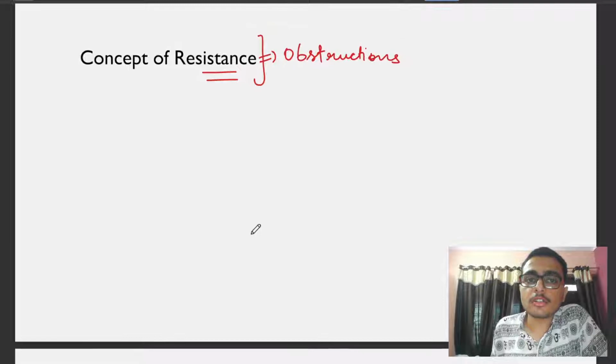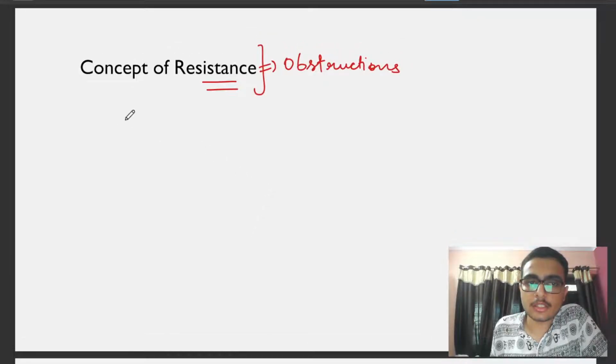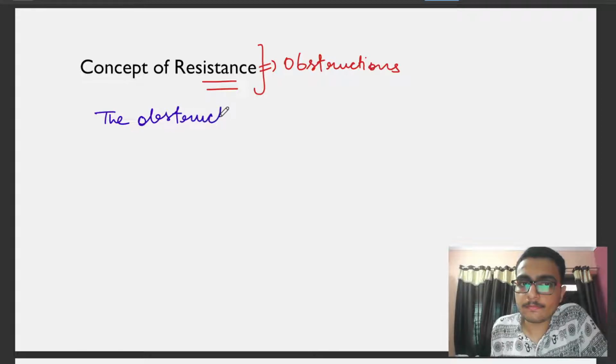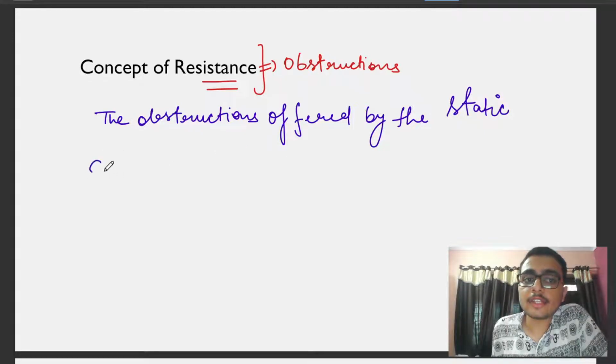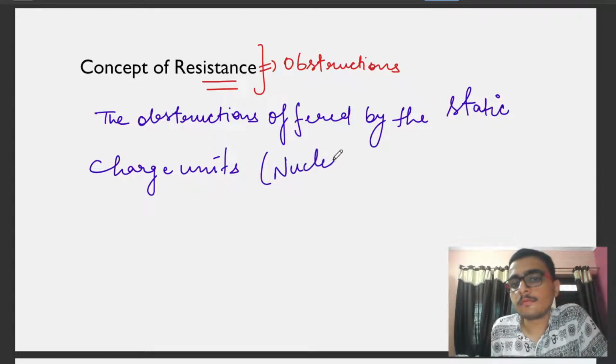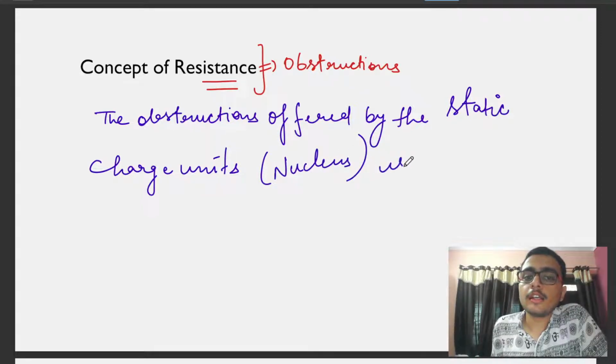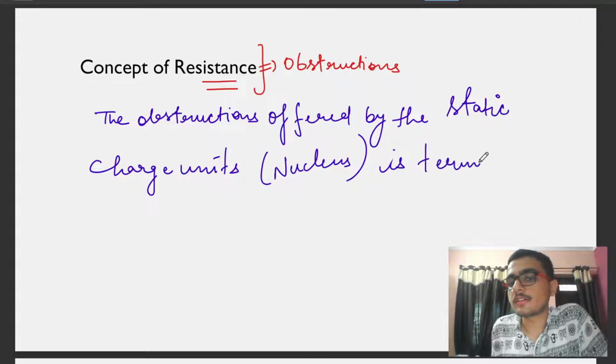The obstruction offered by the static charge units, in bracket you can write nucleus, is termed as resistance. Static means at rest.